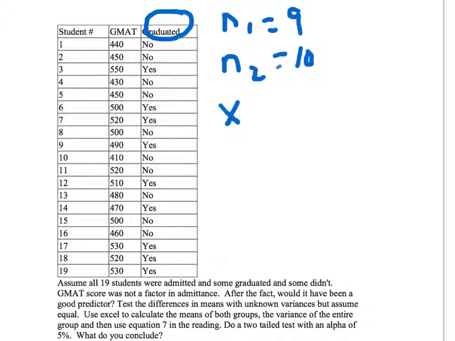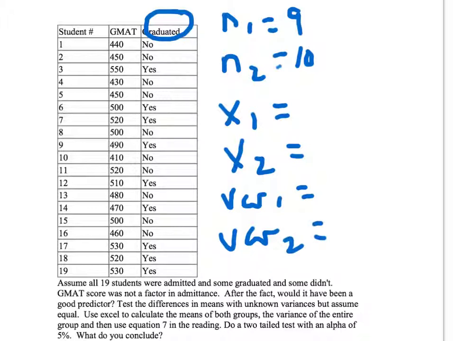Calculate the mean, and I would do this in Excel, for group 1. Calculate the mean GMAT score for group 2. Calculate the variance for group 1, and calculate the variance for group 2.